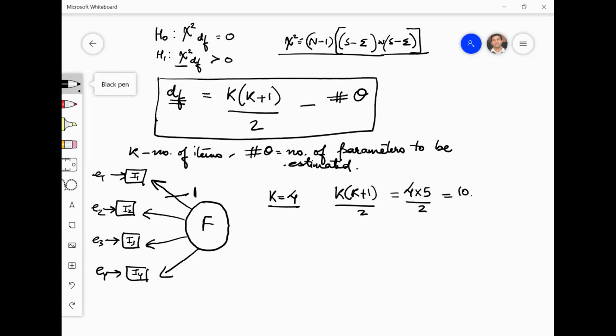What is hash theta? Hash theta is the number of parameters. We have already looked at it.